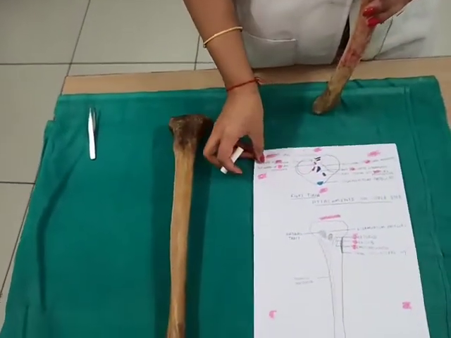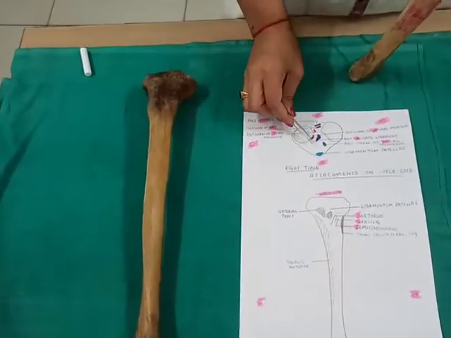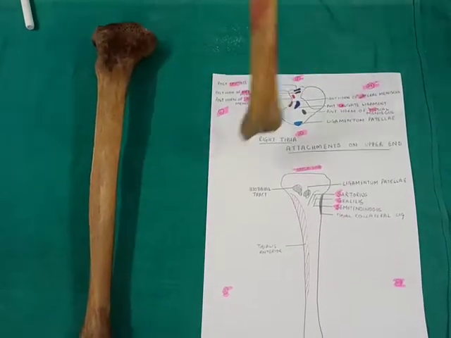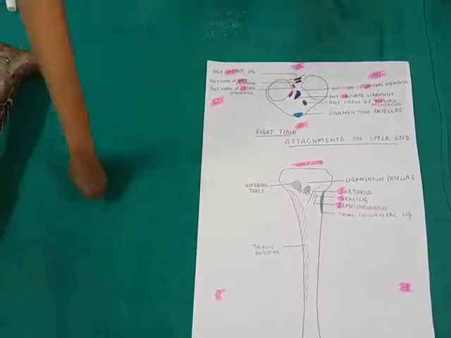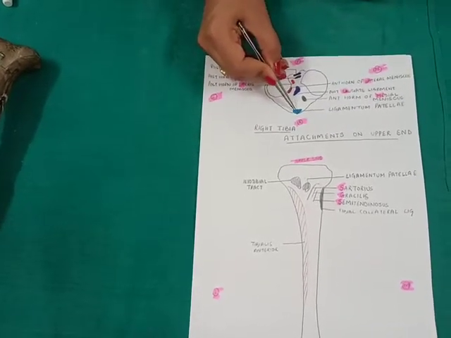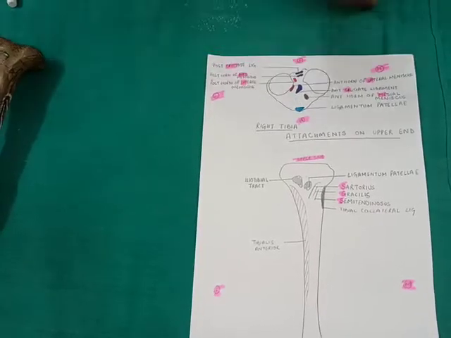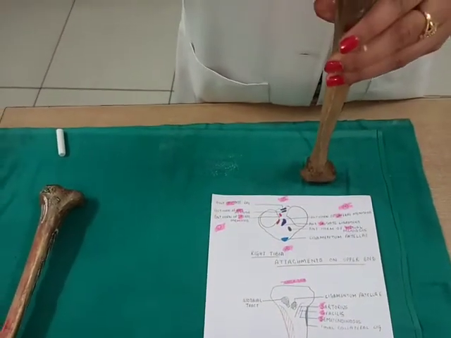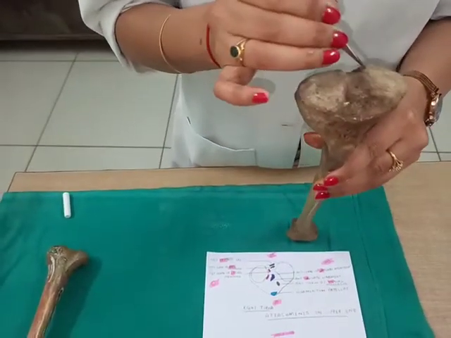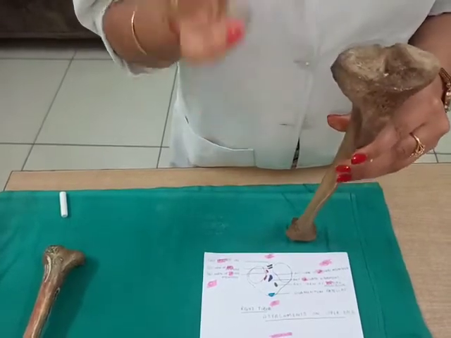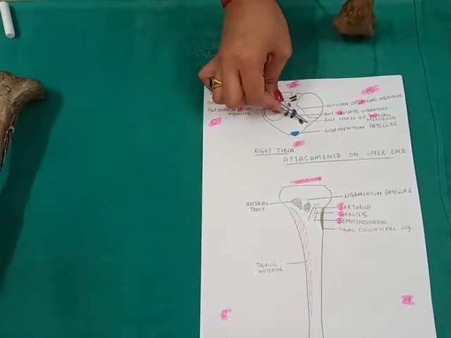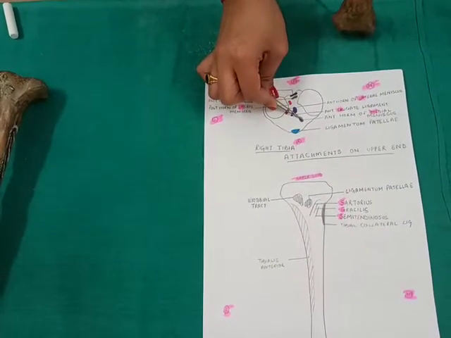As you can focus over here, this is the upper end of the tibia of the right side. So let me just pick up the tibia of the right side. Towards the anterior side you can see there is an attachment of the ligamentum patellae. Then there are the condyles, the medial condyle and the lateral condyle. Just see over here, anteriorly there is an attachment of the anterior horn of the medial meniscus.